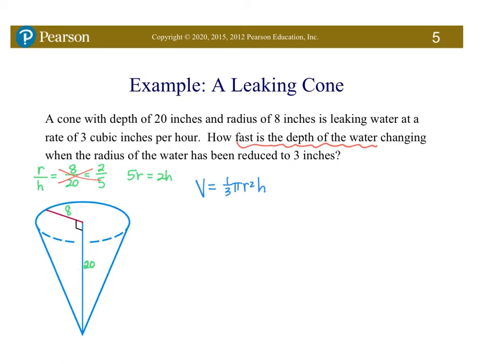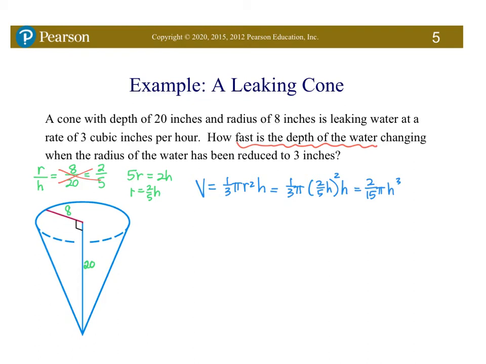So we'd really like to substitute for r, and so going back, we know that r by itself would be 2/5 of whatever h is. So that's going to help me in my equation. R can be replaced with 2/5 of whatever h is, and that has to be squared. So we're looking at 2/15 pi times h cubed.